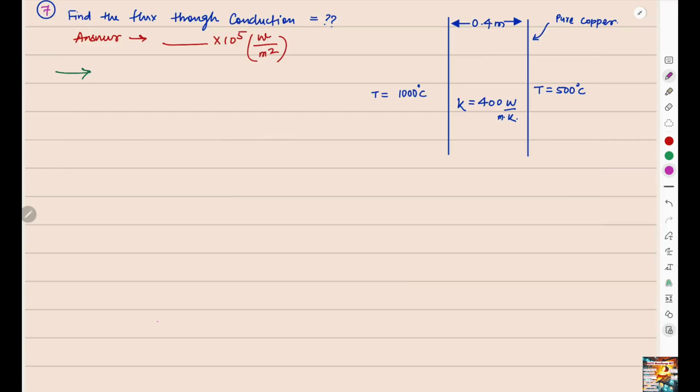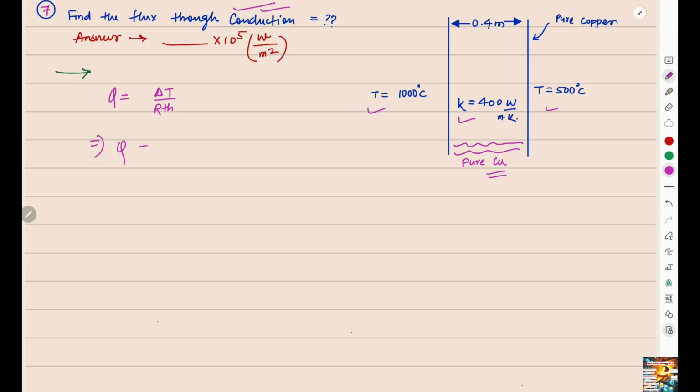Next question is, we have to find the flux through conduction between the walls, and this material is pure copper with thermal conductivity K, and the two temperatures at the two surfaces are 500 and 1000 degrees Celsius, and the width of the wall is 0.4 meter. So the heat transfer we can write as Q equals delta T by R_TH, that is the thermal resistance.